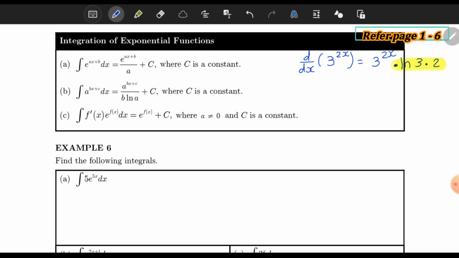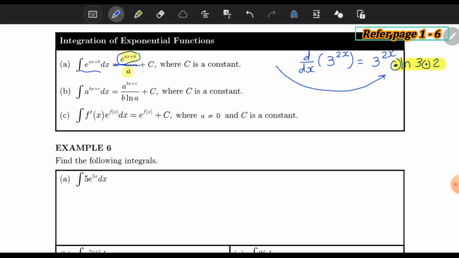For this case, integrate exponent ax plus b equals, copy the exponent, but we divide by. If we refer to the derivative, we have times and times, right? For integration, we need to divide. The power is ax plus b. Differentiate the power, it will be a.